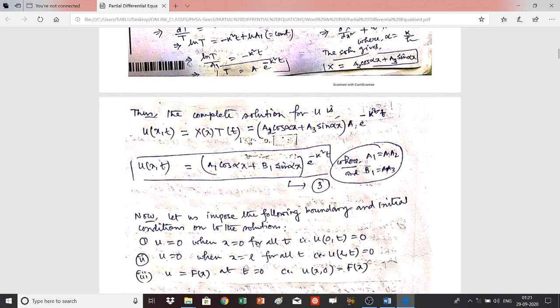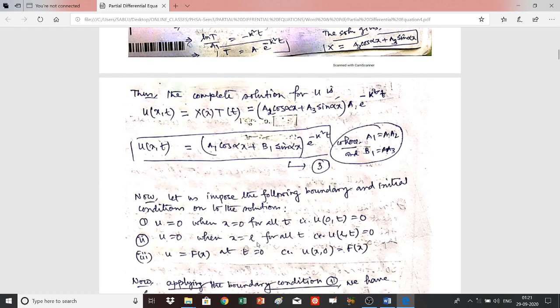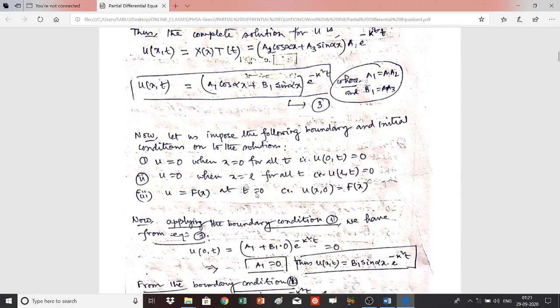Now you can apply the following boundary conditions to find out the arbitrary constants A1 and B1. And here are some boundary conditions. Number one is u equal to 0 when x is equal to 0 for all t. That means u(0,t) is equal to 0.